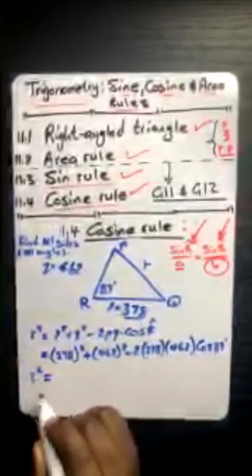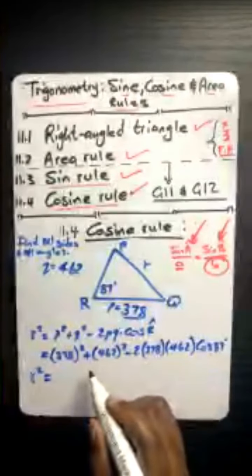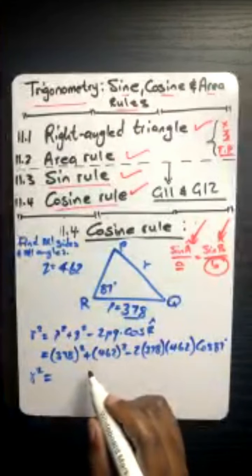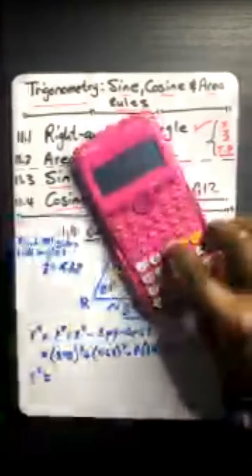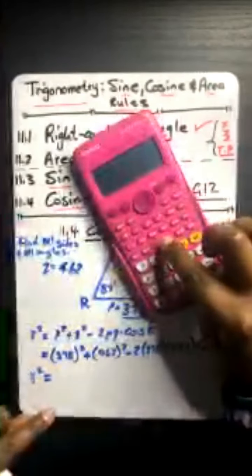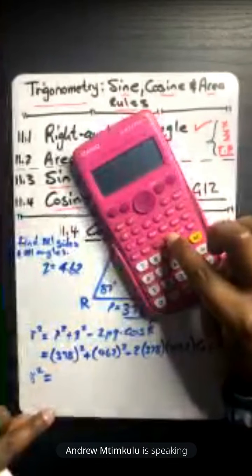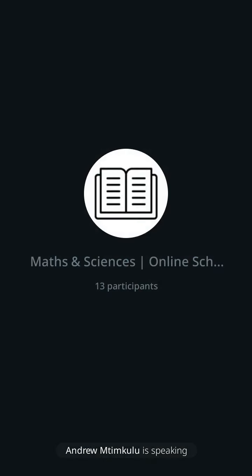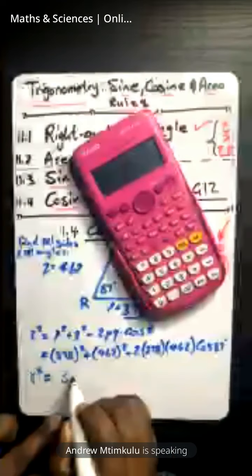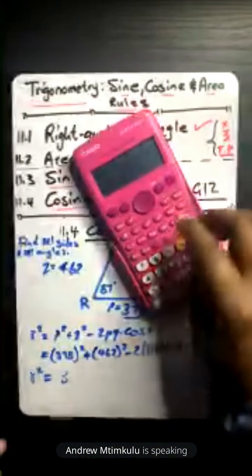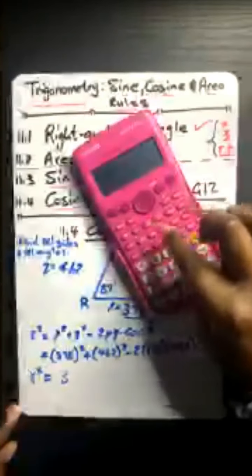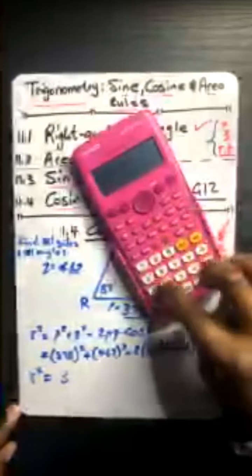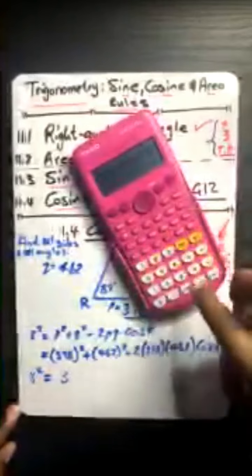No, the R squared. So for I'm getting 343,628.52. That number is big.